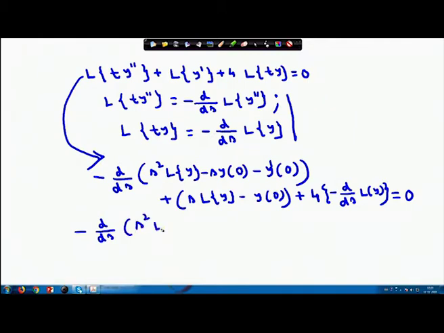So, I will obtain minus d/ds of s square Laplace transform of y minus 3s, using the given condition that y 0 equals 3 and y dash 0 equals 0.